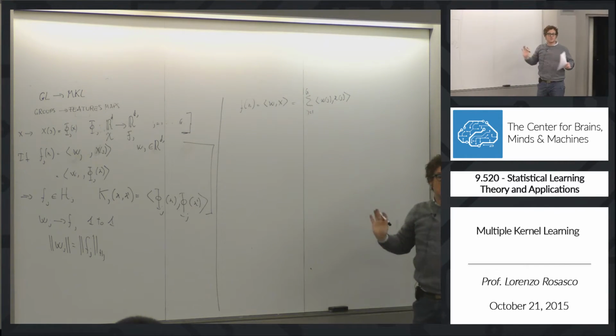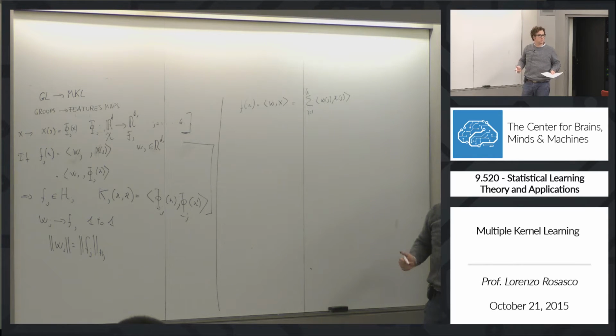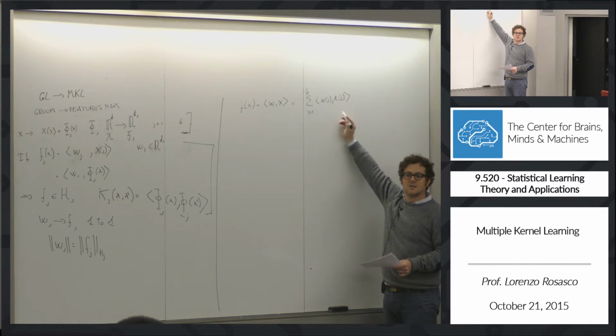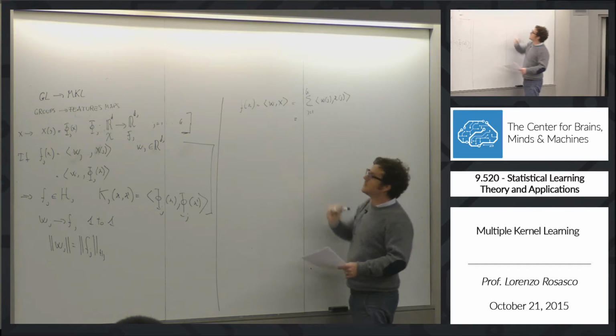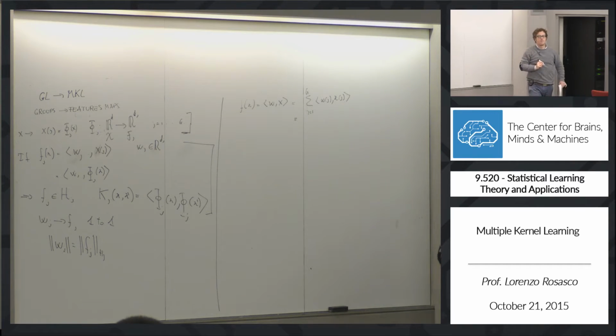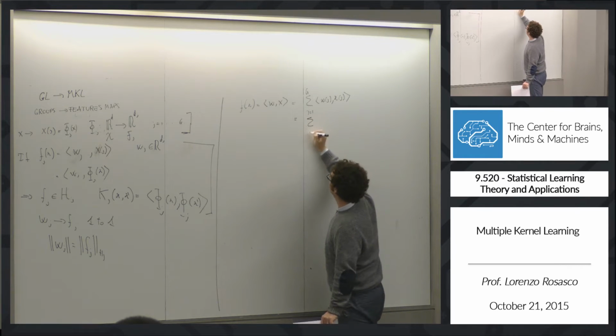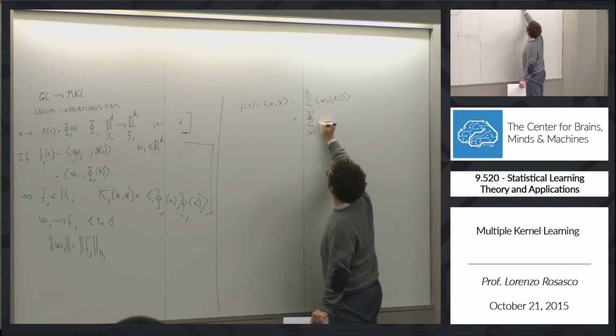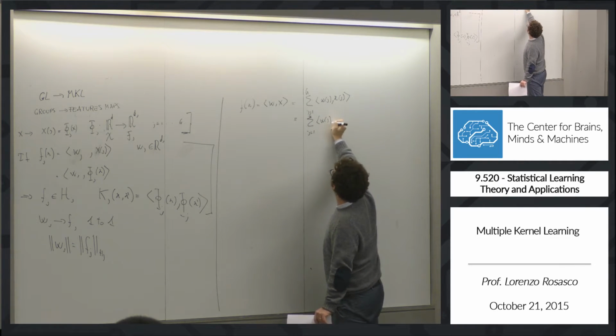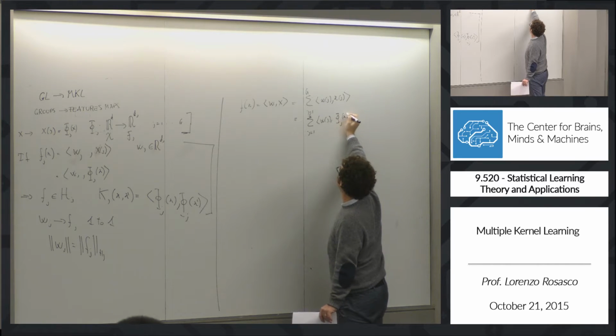Okay? I haven't changed the notation yet. Let's change the notation together. How can I write this? This is equal to what? Well, this is going to be the sum over j from 1 to g of wj, for now, let's just do this, right?